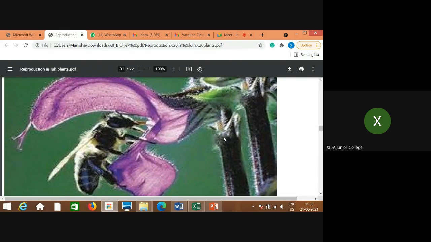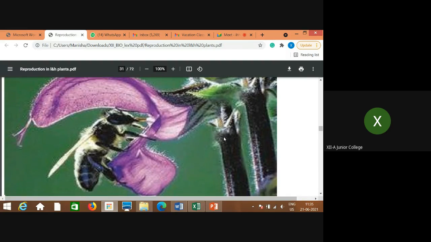This is the bilabiate flower of salvia. Bilabiate means the petals are divided into two lobes, arranged in such a way that the insect very easily can come and reach the nectar from the base of this flower, where the nectary glands are present.